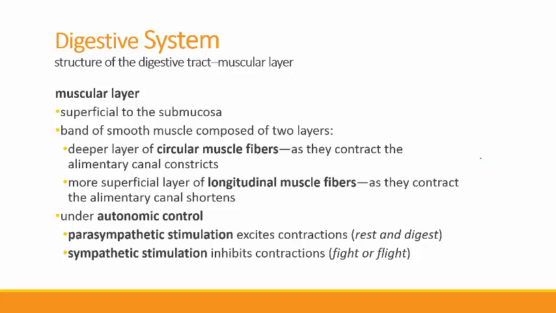And so when they constrict or contract, that's going to make the diameter of the alimentary canal smaller. It's going to constrict the tube. So the tube becomes smaller. There's less volume inside the tube when this inner layer of circular fibers contracts.